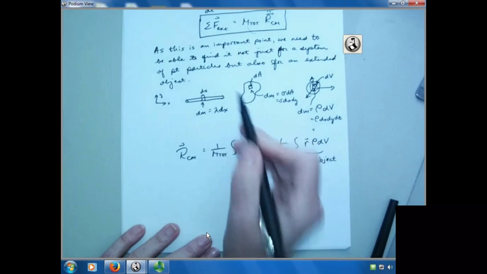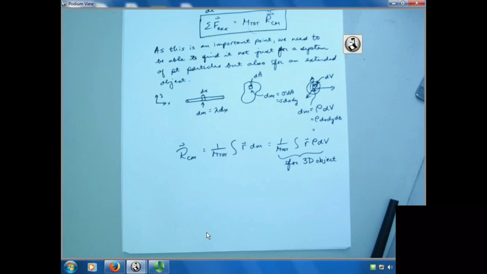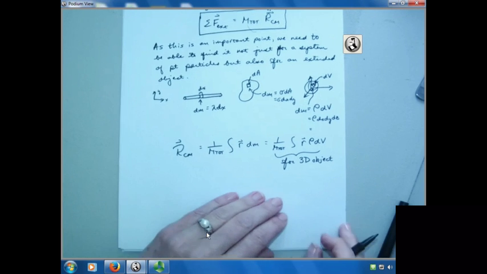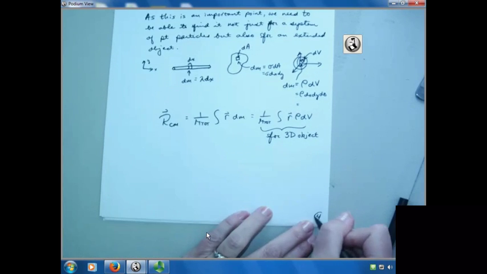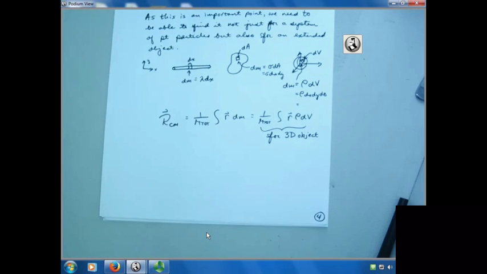But if it's just a flat object, you might want to use sigma dA or whatever else. So we have an example that we can do to remind ourselves of how this works, and definitely remind ourselves of the details of the math involved.